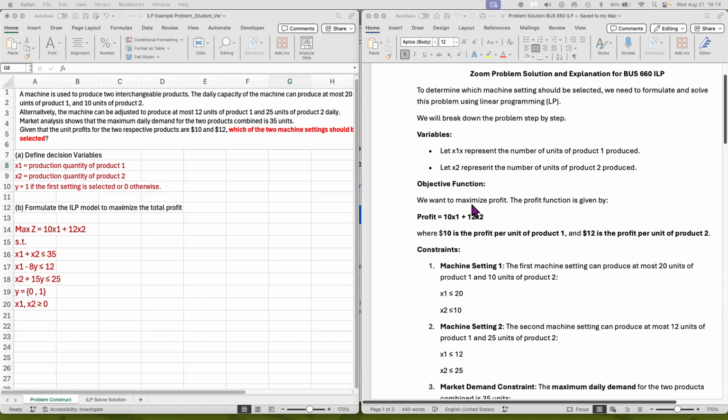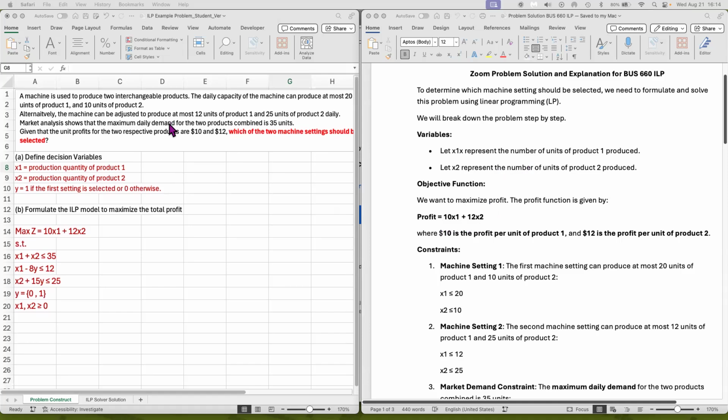Here we have the objective function, which is profit equals 10 times x1 and 10 times x2, which we can see in the problem: 20 units of x1 and 10 units of x2.